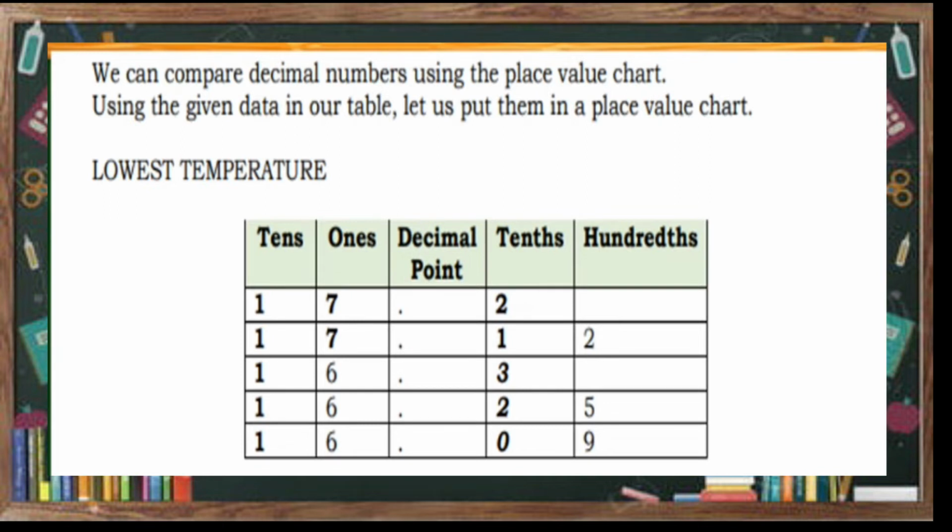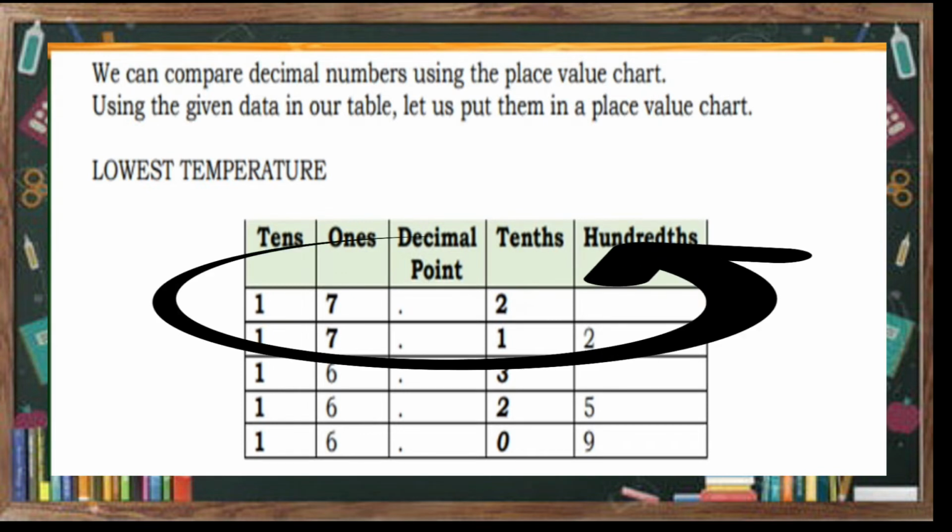As you can see, all digits on the tens place value are all 1. So let us compare the next place value. On the ones place value, the numbers are 7, 7, 6, 6, 6. Can we now determine which decimal numbers are bigger?